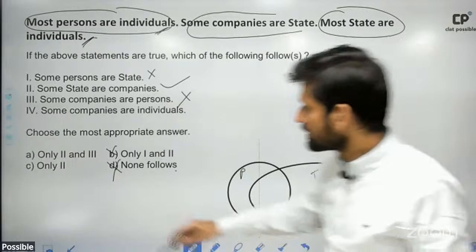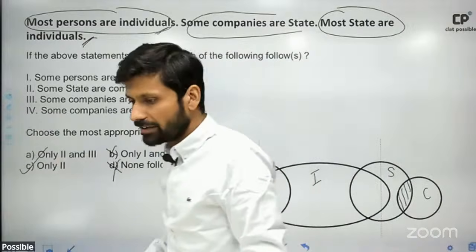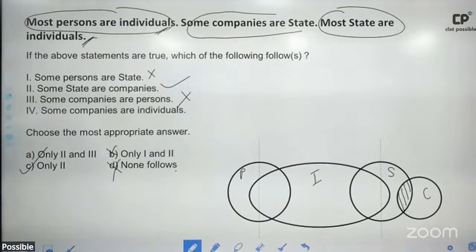So the correct answer is C here, everyone. Yeah. Are we good? Yeah, Darshita, good.